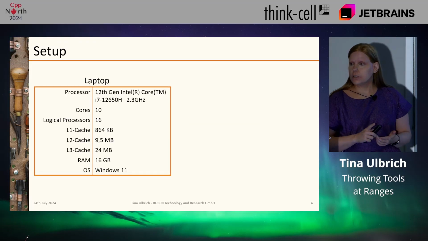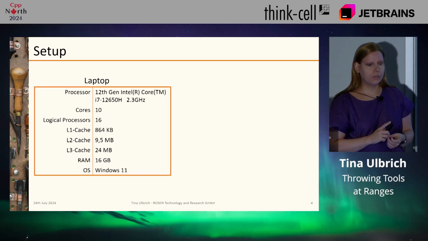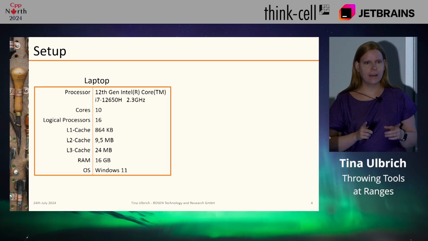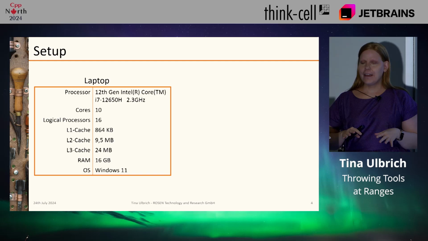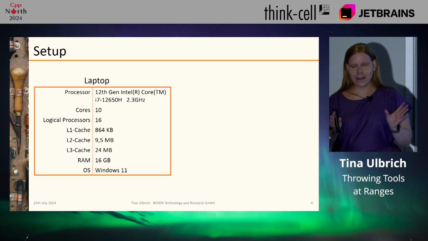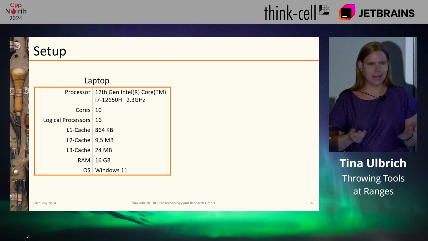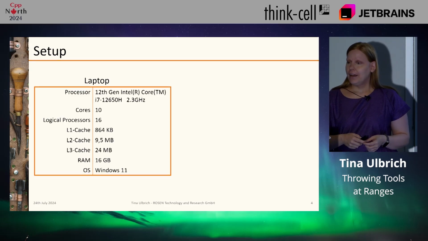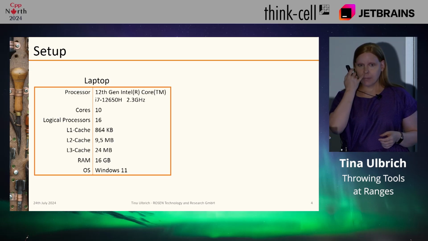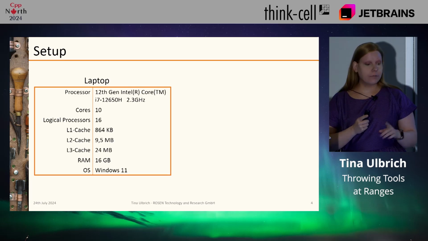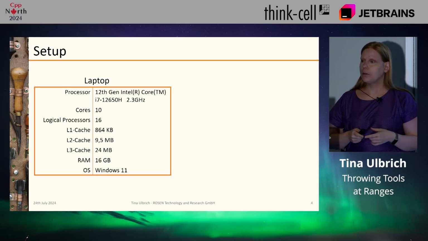The other thing that might be interesting is the computer that I'm using. If you saw this talk before, I had a very crappy laptop, and I managed to upgrade it, and I actually really like this one. It's not a gaming laptop or anything, but it's a good laptop. We will run the Visual Studio Profiler on this laptop.